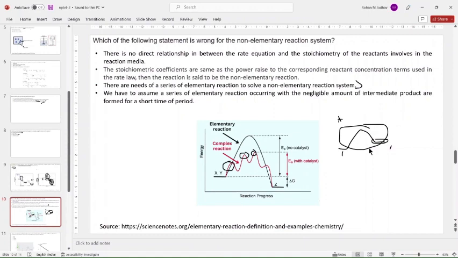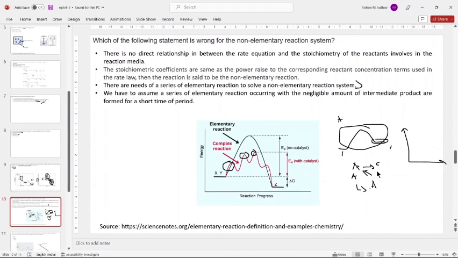It might form B, or it might again revert back to A or something like that. What this does is it forms a series of reactions which need to be successful for C to form. Because of this, you can see that there are different bumps occurring.